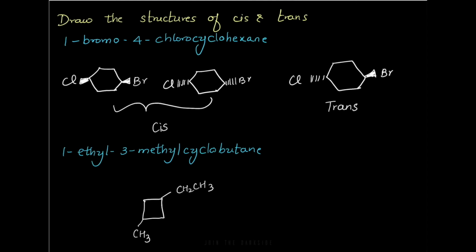If you want to draw the cis and the trans configuration, this is going to be cis, and if you put one bond facing towards you and the other bond with a broken wedge, then it's going to be trans. So this is cis and this is trans.